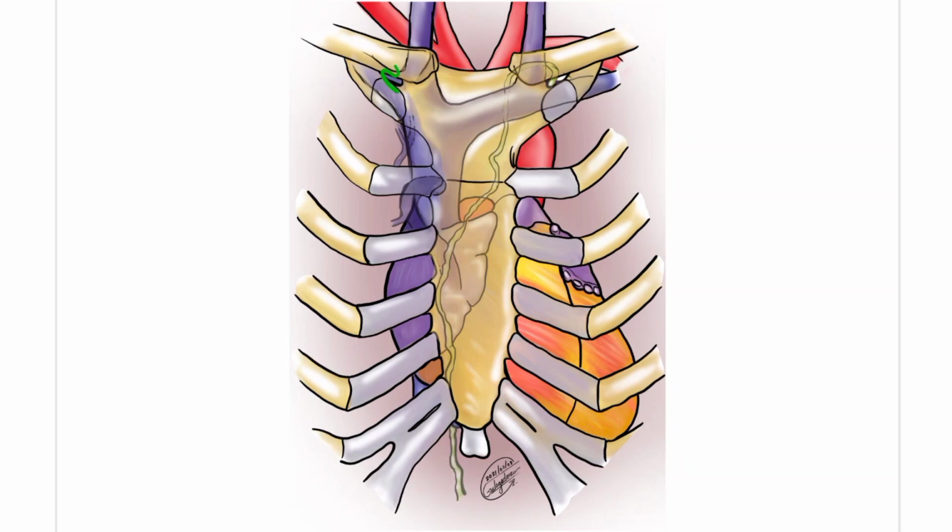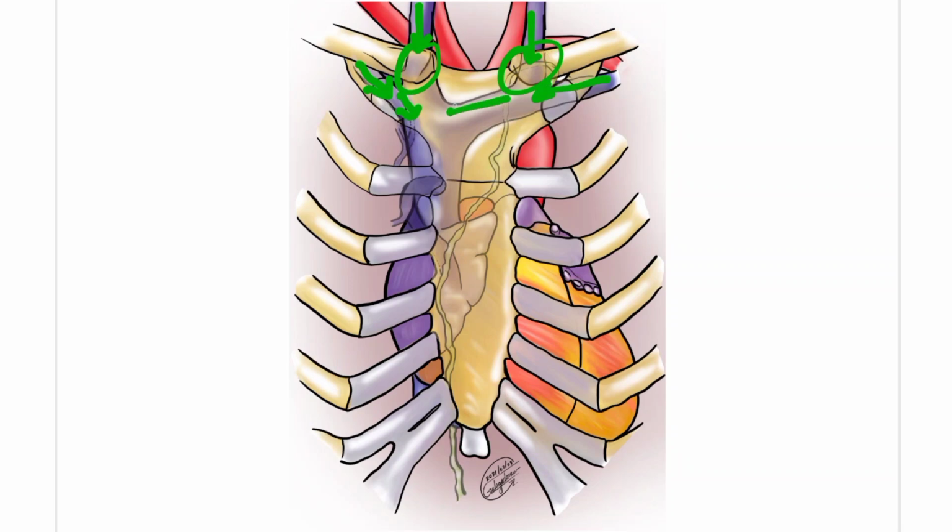Okay, so what did we learn? The right and left brachiocephalic veins form behind the right and left sternoclavicular joints respectively by the union of the internal jugular and the subclavian veins.